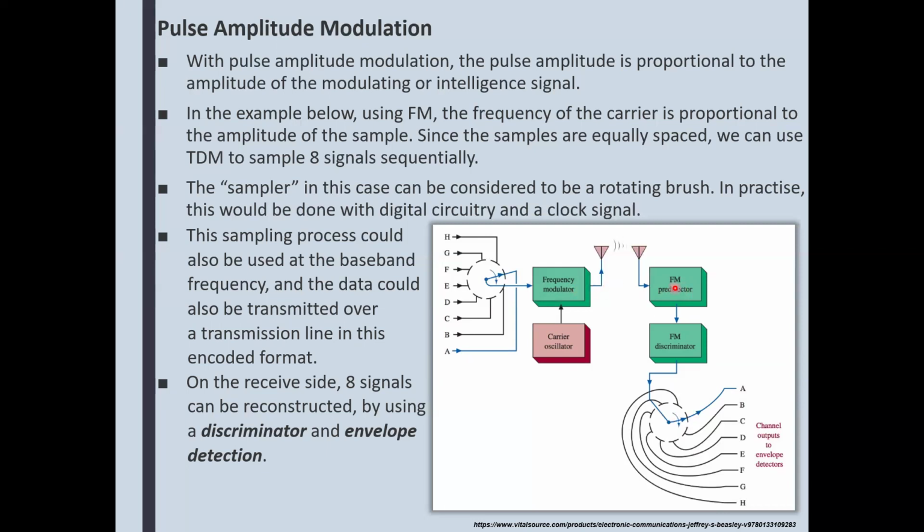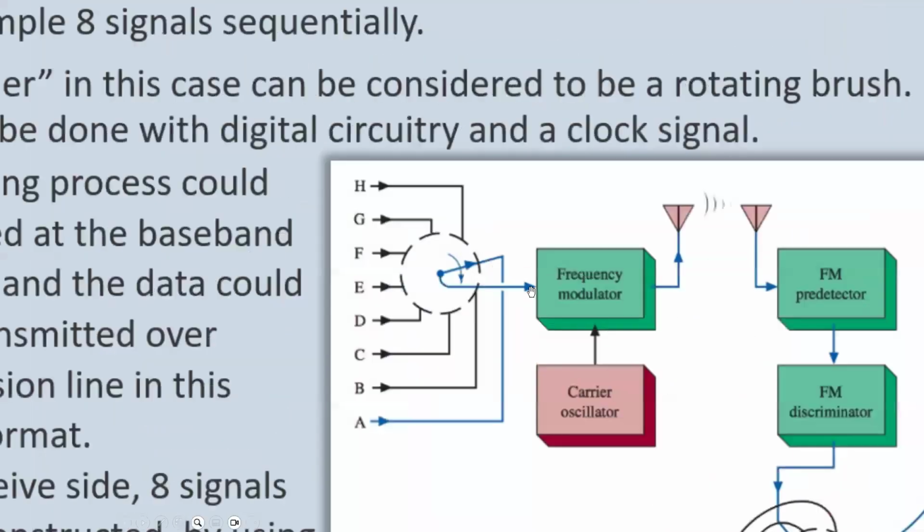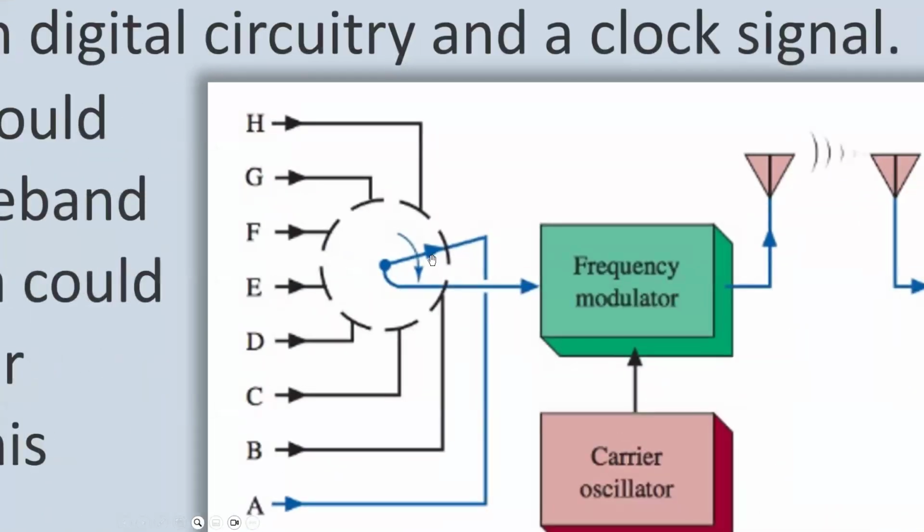But we have time division happening here, time division multiplexing. When the transmitter is transmitting this channel here, see, this is like a dial here, and there are a bunch of contacts. So when this thing spins, it's touching different contacts that are assigned to a different channel.